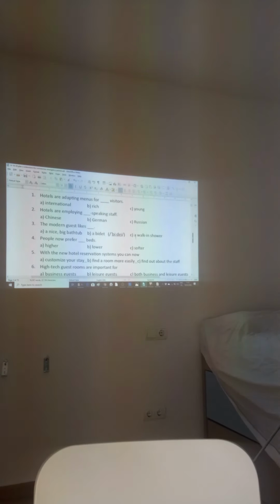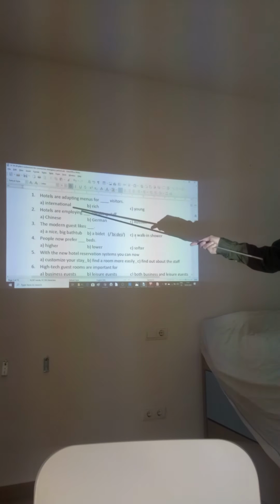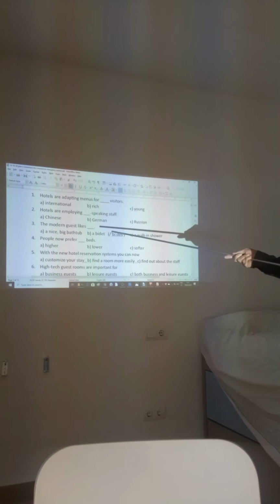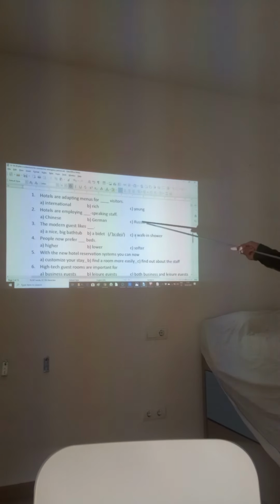You don't know, okay? But you just guess. That's all right. Hotels are employing Chinese-speaking staff or German-speaking staff, Russian-speaking staff. What do you think? Choose one, please, and write the letter 2A, 2B, or 2C.